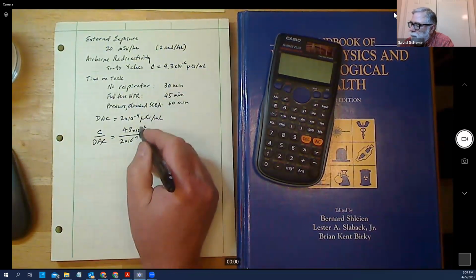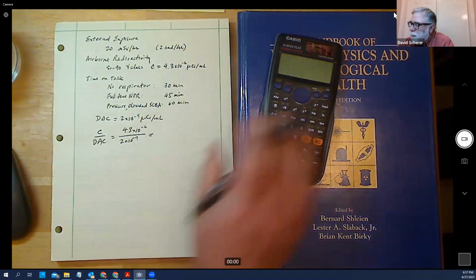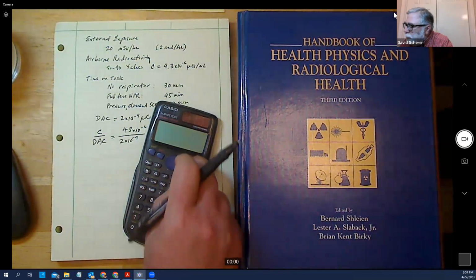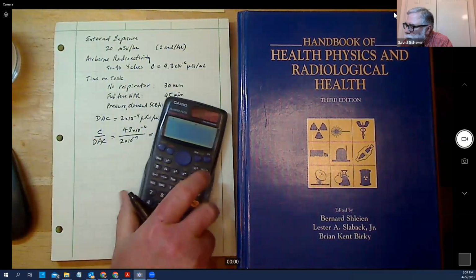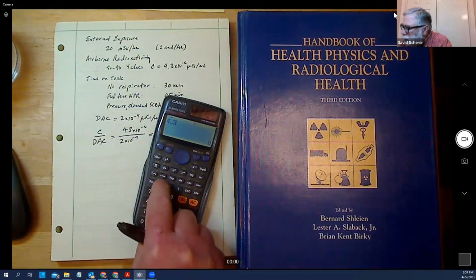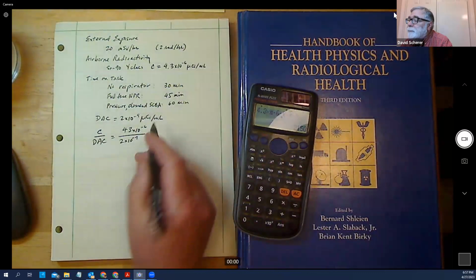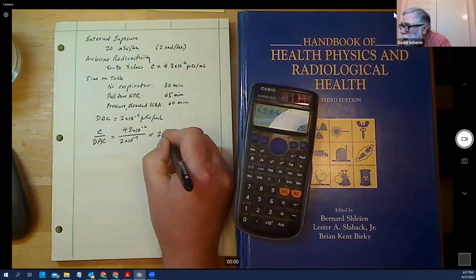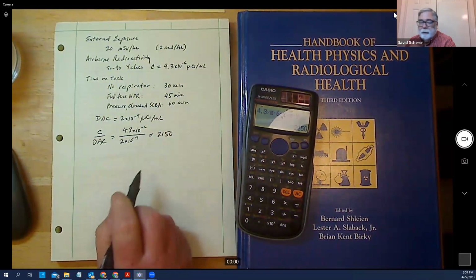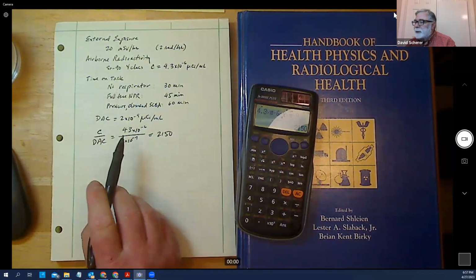They're the same units. Good, that checks out. So let's divide these out. 4.3 times 10 to the minus 6 divided by 2 times 10 to the minus 9 is 2150. Our concentration is about 2,000 times as high as the DAC.